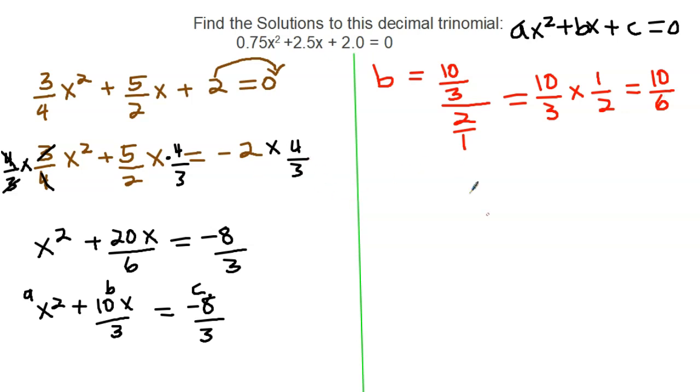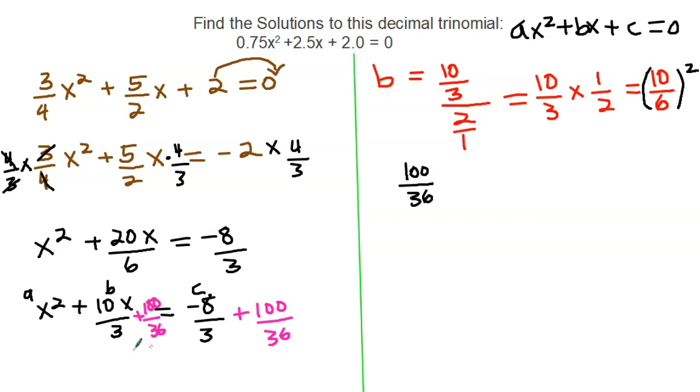And then the next step, as the name goes, we are completing the square. We have to square, and when we square that, we are going to get 100 divided by 36, and we are going to add this number to both sides. We will add 100 over 36 here, and we will do the same thing here.